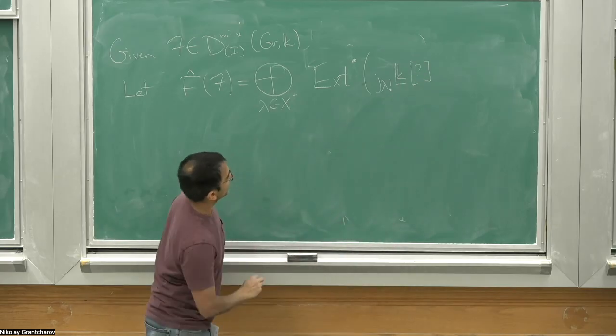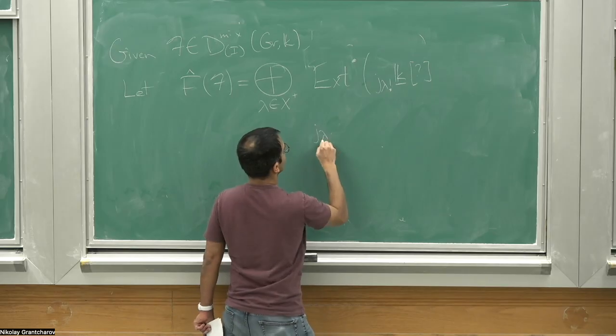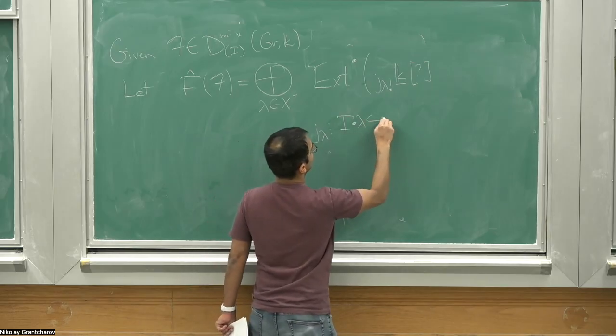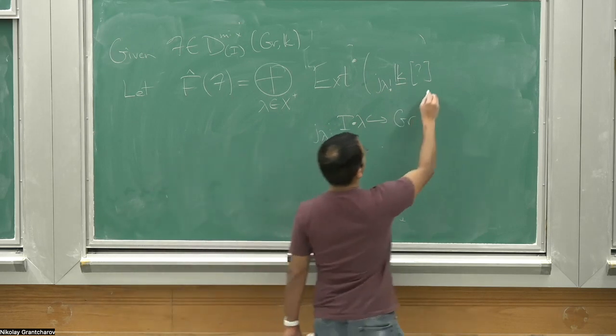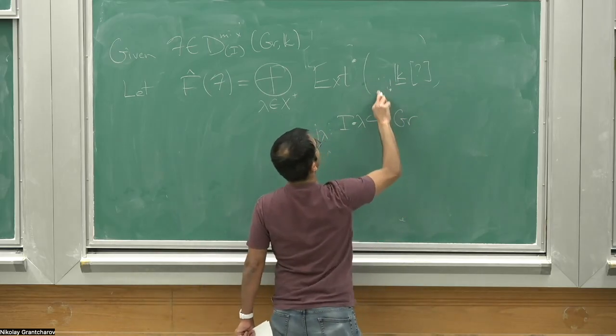I'll just put a question mark there. And here J lambda is the inclusion of an orbit for the Iwahori into the affine Grassmannian. And I want to take that X out of that. Oh, sorry, this should be negative lambda.